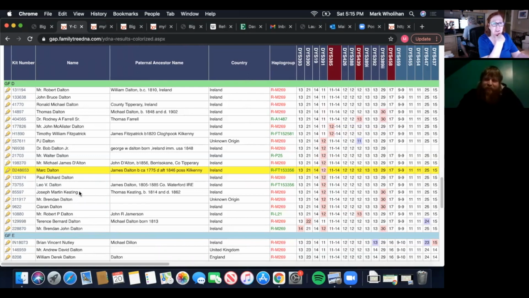What I really need to do is figure out, her James Dalton or Mark's James Dalton, they have a birth date of around 1775, which is going to be at least one generation ahead of the James in my tree, who I have, based on his death record, born about 1805.